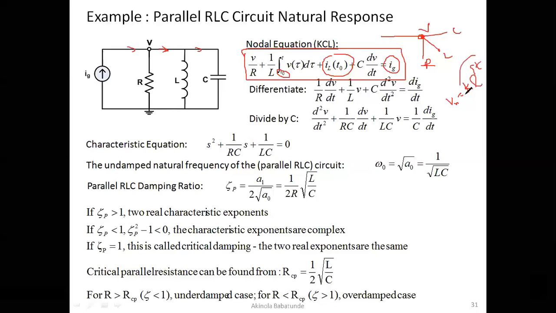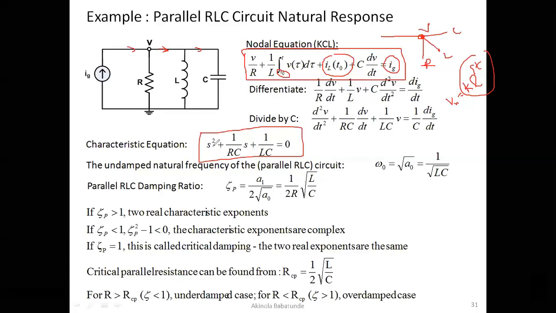If you put these in here and do all the substitutions and differentiations, this is what is going to be left, equal to 0. Under normal circumstances, this would also be equal to 0, but we don't need this because k e^(st) cannot be equal to 0. So we have s squared plus 1 over RC s plus 1 over LC equal to 0. This is very, very important.